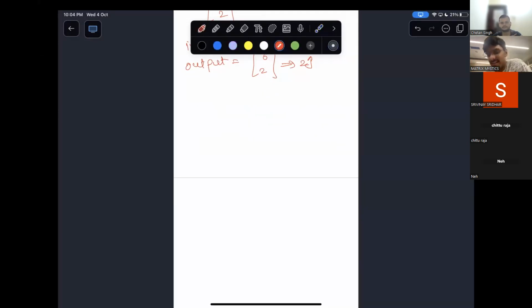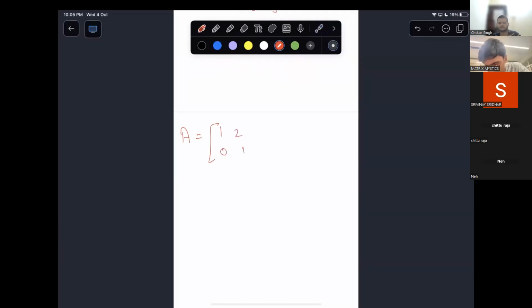Now that you have mentioned it, I'll discuss a little bit about what I mean by shear, right? I'll take a matrix A equal to 1, 2, 0, 1. I'll analyze what this matrix is doing to i cap and what it is doing to j cap. I cap has remained the same, but j cap has to shear.